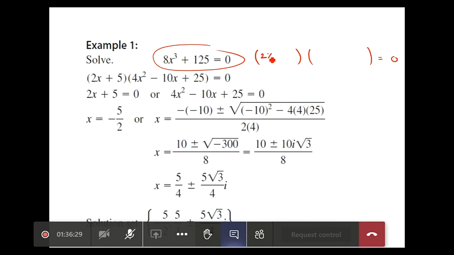We have 2x plus 5, and the general formula a to the power 3 plus b to the power 3 equals a plus b, times a squared minus ab plus b squared. If we have a negative here, just put it as negative and this as positive. The last one is always plus b squared.